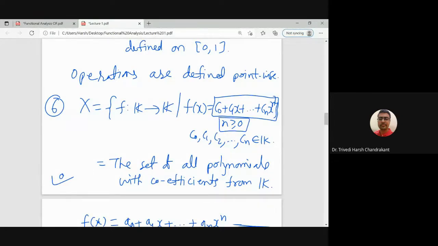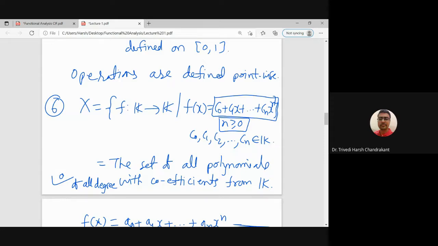So we are taking polynomials of all degrees in this set. What you said is correct. If we take only polynomials up to degree n, then the dimension is n plus 1. That is right.